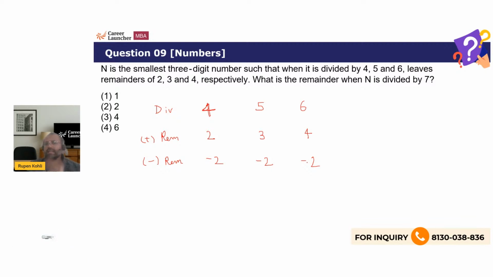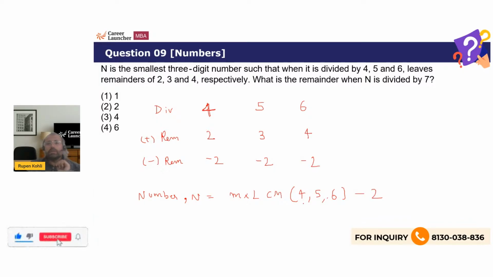So this is that LCM model concept, right? N is going to be a multiple of the LCM of all the divisors, which are 4, 5, 6, plus the common remainder, which is negative 2. The LCM over here is 60. So this is a multiple of 60 minus 2. We need to find the smallest three-digit number of this kind, which is obviously for m equal to 2.